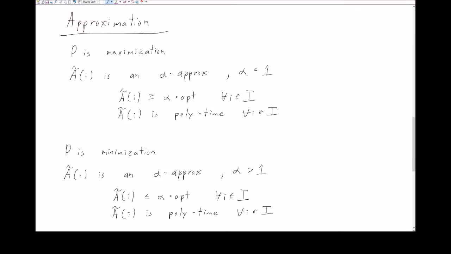The approximation framework is quite different. Here, how we deal with approximation depends on whether P is a maximization problem or a minimization problem. In the maximization case, we're going to develop an algorithm that we call A tilde that is an alpha approximation. Here, alpha is the guarantee.